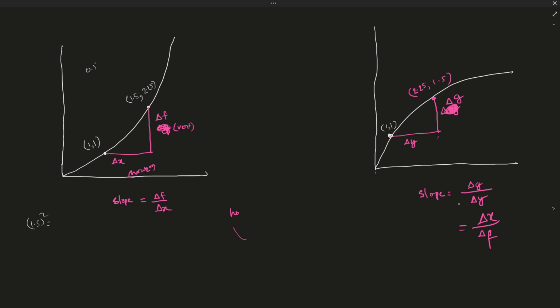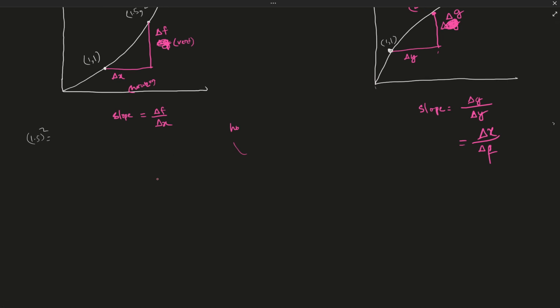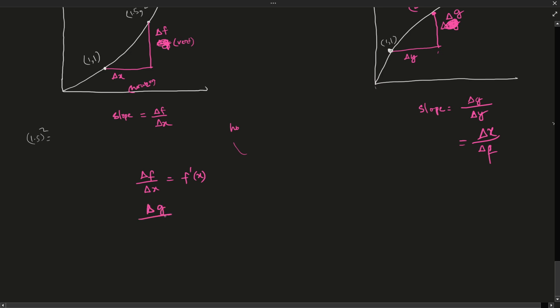Okay, so therefore we saw del f by del x is our f prime of x that we had seen before. So we can also say that del g by del y is equal to g prime of y.